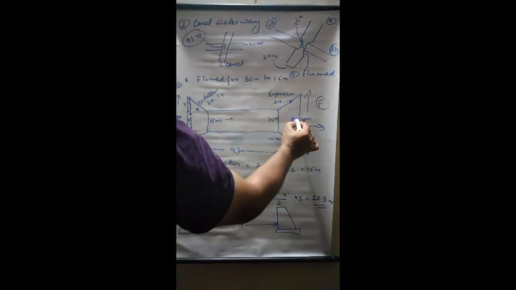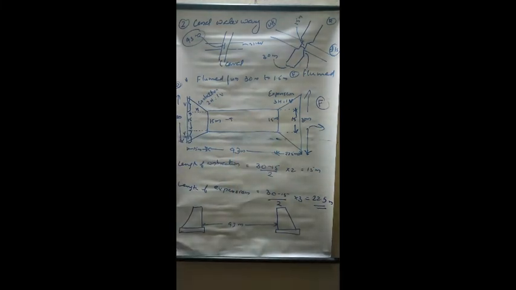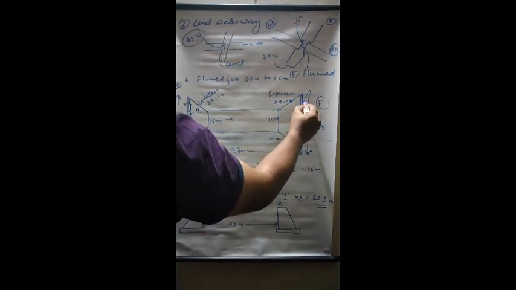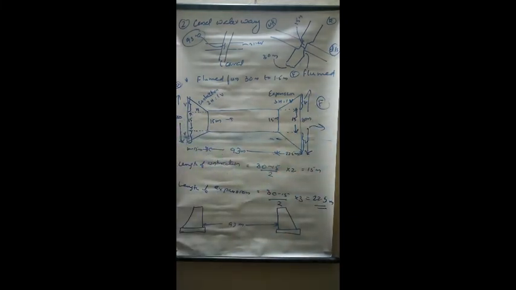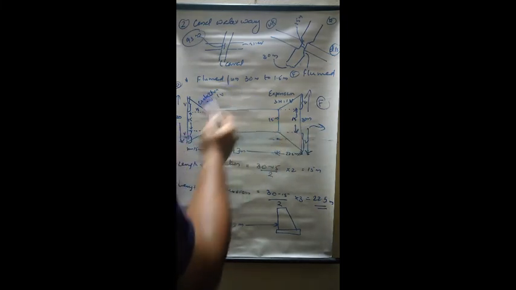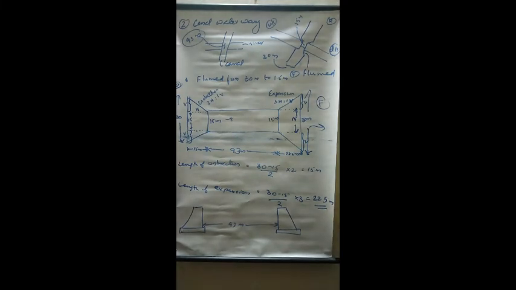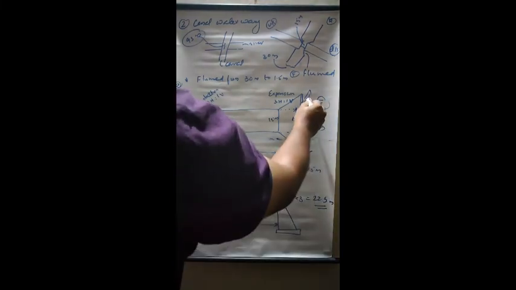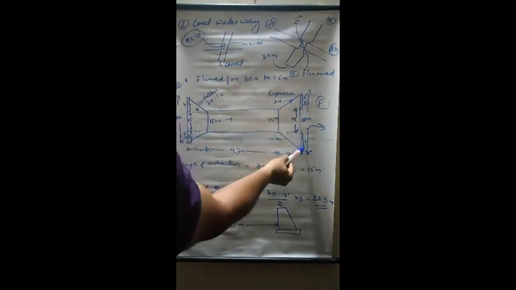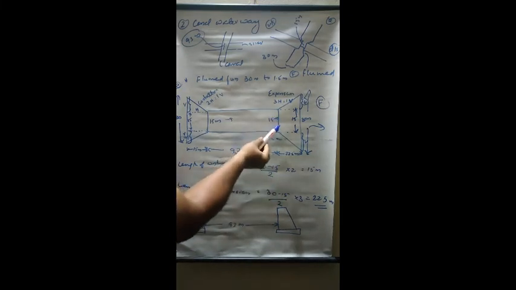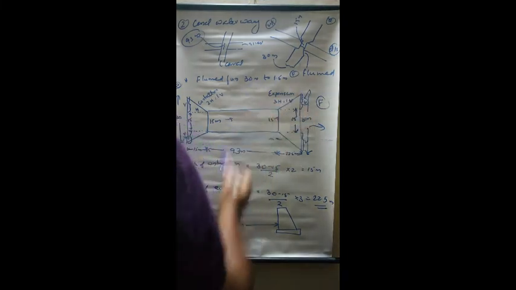Here it is 15. To get this vertical portion, we do 30 minus 15, which gives this vertical plus this vertical. If you want only this vertical portion, we do 30 minus 15 divided by 2. Now we got the vertical portion.